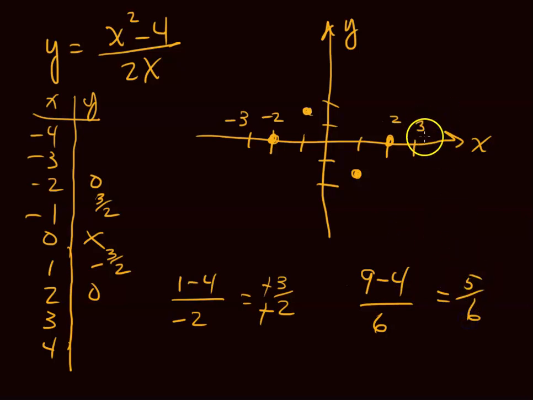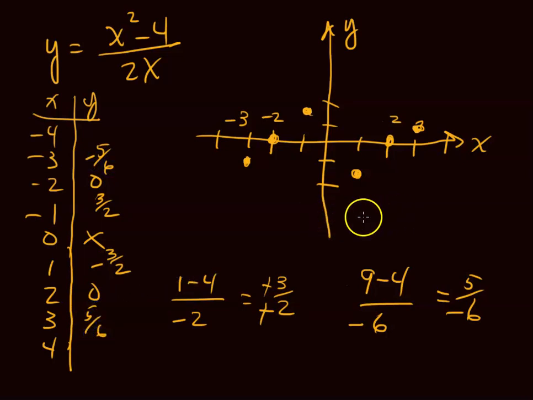So the positive 3, I'm at 5/6, almost 1, someplace right here. But at a negative 3, I still get the 9 minus 4, but now it's 2 times a negative 3, or a negative 6. So it's a negative 5/6, someplace there. One more just to make sure.